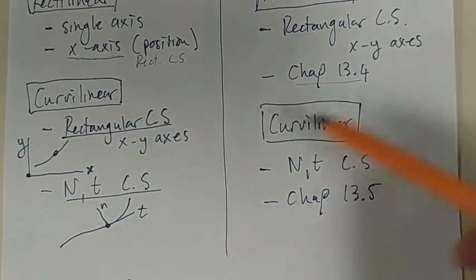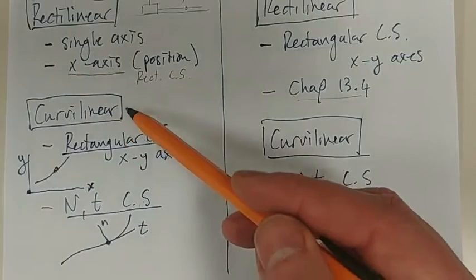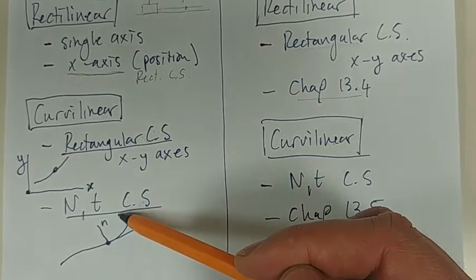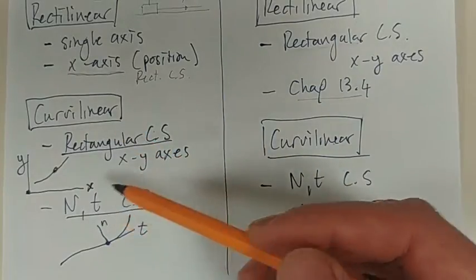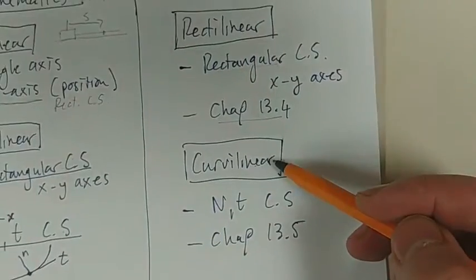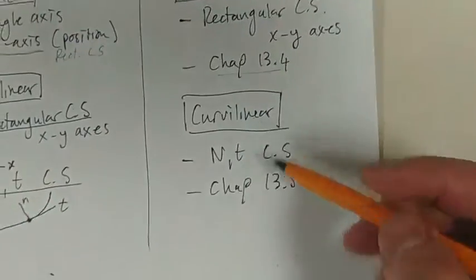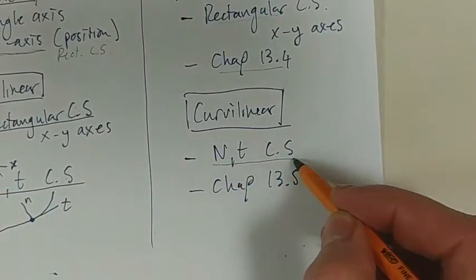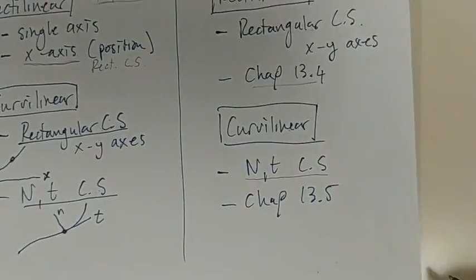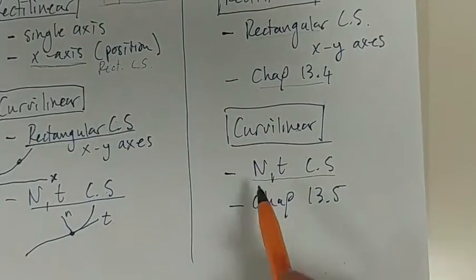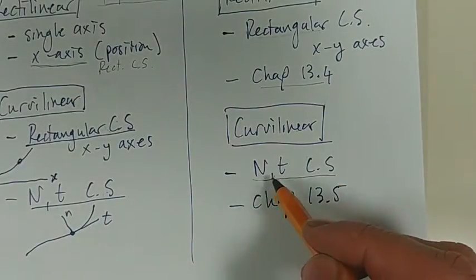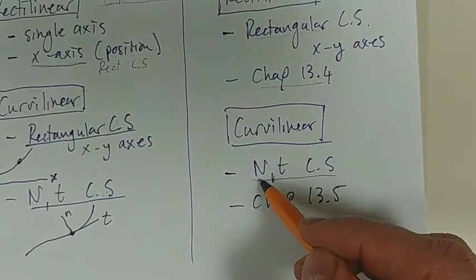Now, what I want you to take note of is that in the kinematics section, we used both rectangular and normal and tangential in the kinematic section. But the textbook over here in the curvilinear section in kinetics, it tends to only use the normal and tangential coordinate system. Okay? So I just want you to pay attention to this, that normal and tangential coordinate system is the preferred and only one that is really covered.